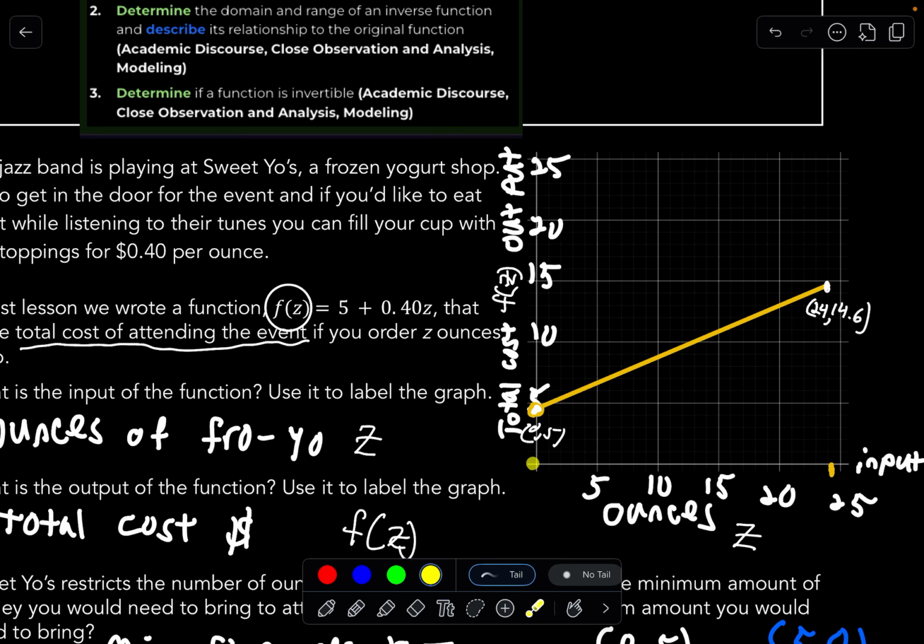So the x-axis, the horizontal axis, is whatever is inside the function, whatever variable, x, z, y, whatever it is. And the vertical axis is just what the function is, which is f of z. And technically, that's the total cost of your night out.